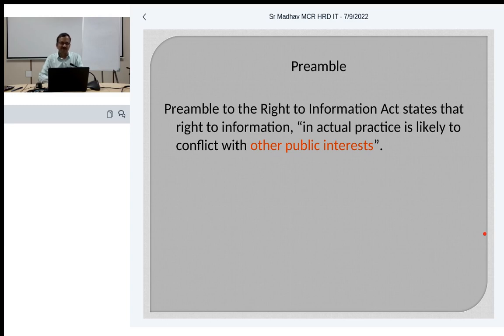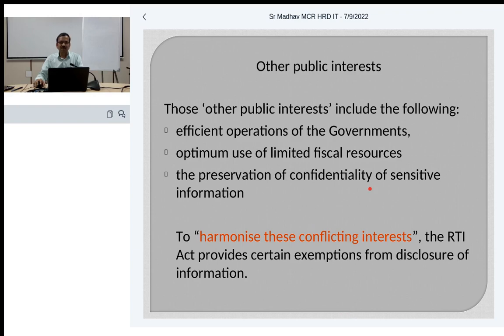Preamble says RTI is required because transparency and accountability are the basic requirements of an informed democracy and informed citizenry. But it also says in actual practice, the implementation of this transparency law may actually conflict with other public interests. So what are those other public interests, and how do you take care of them?